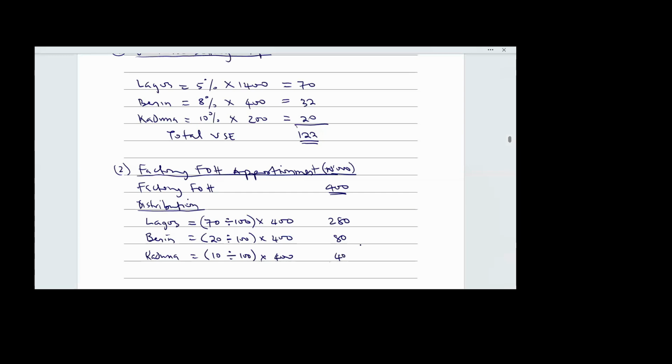So at the end of the day, when you add it up, you must get the total of 400,000. So this is the total factory fixed overhead, and we have apportioned it.